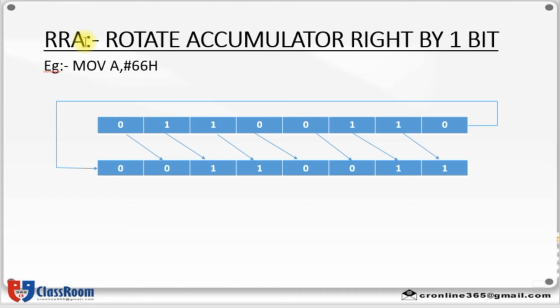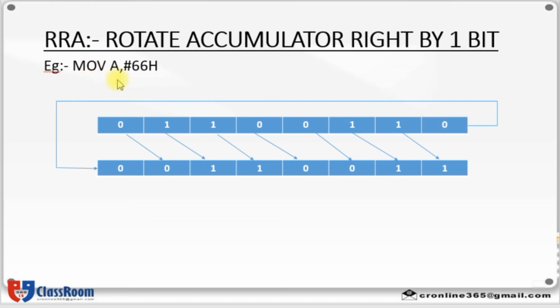D0 exits from the least significant bit, enters into D7, which is the most significant bit position. Just the reverse of rotate left instruction. That means this D0th bit will enter into D7th bit position and other bits will be shifted right by 1 bit.